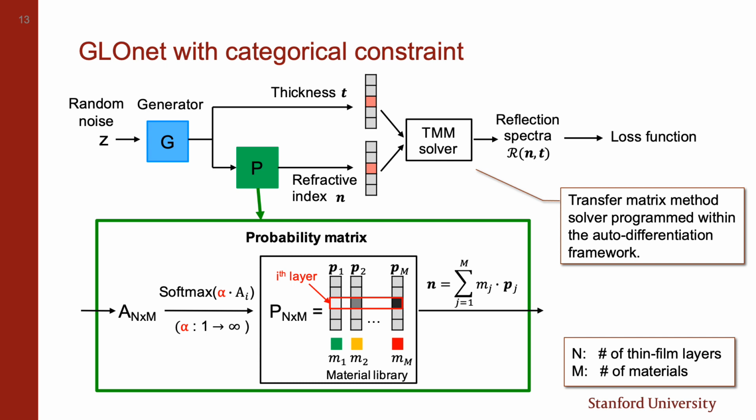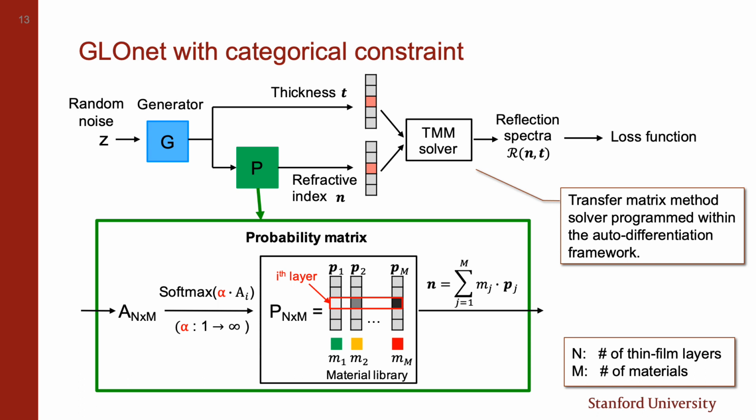A softmax function is then applied to each row of A to generate the probability matrix P, just because it produces a properly normalized probability distribution. The S row of the matrix P is a 1 by m vector and represents the probability distribution that the S thin film layer takes on particular materials within the library.